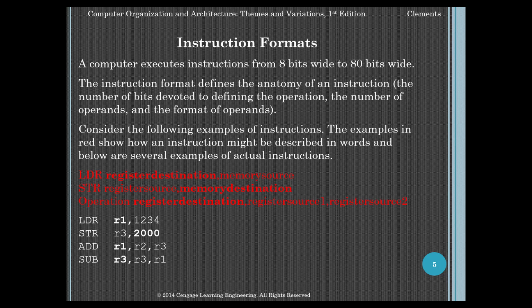And then, of course, our operation is something that we want to do where we have our sources of information. We can kind of think of these as our arguments, and then we have a destination. Whatever operation we perform on these arguments, this destination is going to hold that result for us. So looking at these examples down here, let's take a look at what these instructions are saying.